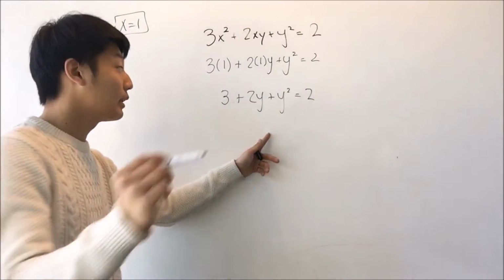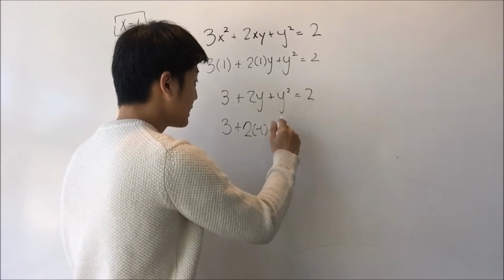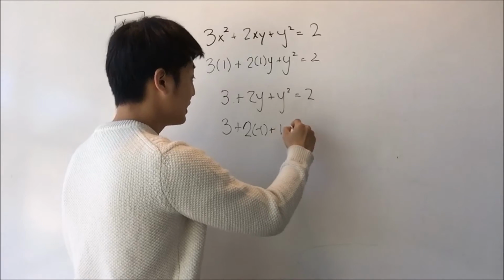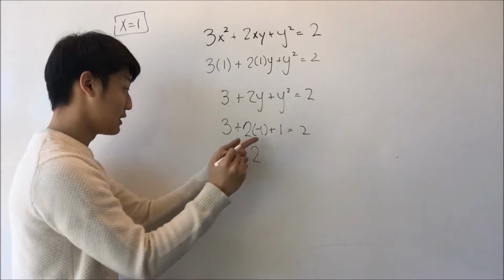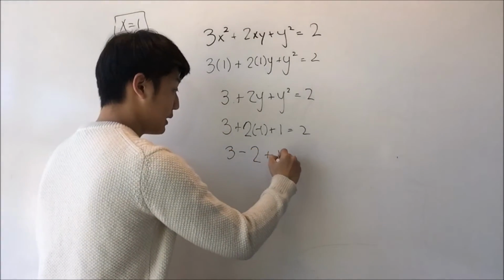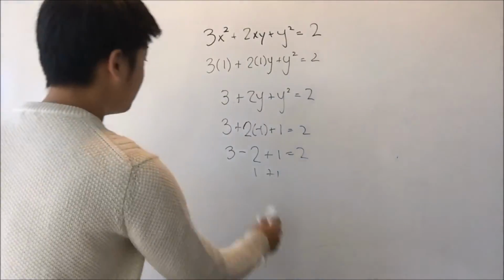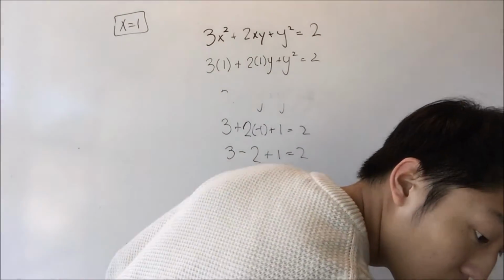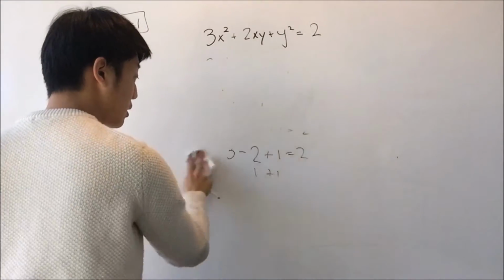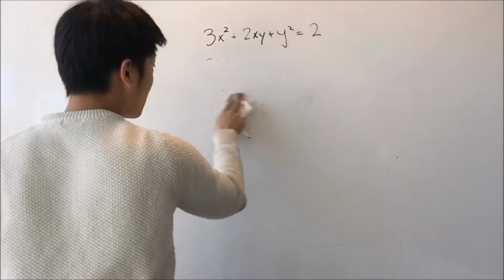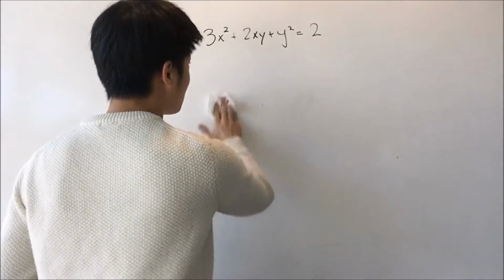And we can easily see that if we plug in negative 1, 3 minus 2 plus 1 equals 2. It will become 1 plus 1. So the y value will be negative 1 to make this equation.